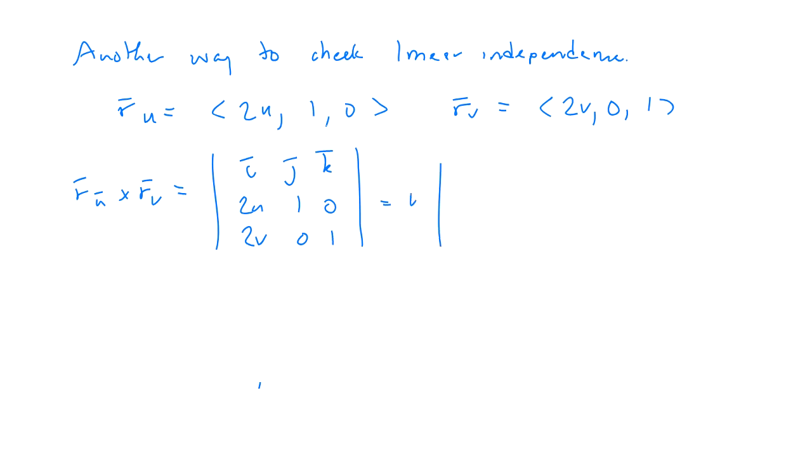And remember what we do is, since I'm looking at the I, I'm getting rid of the first row and the first column and get what's left. For J, I'm getting rid of the row and the column it's in, so I'm getting rid of the first row and the second column. And for K, I'm getting rid of the first row and third column.